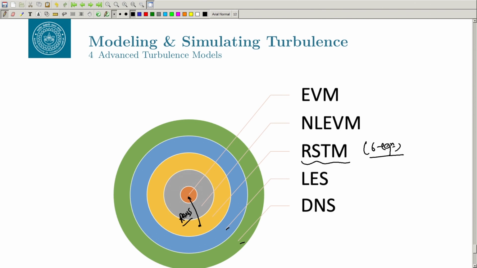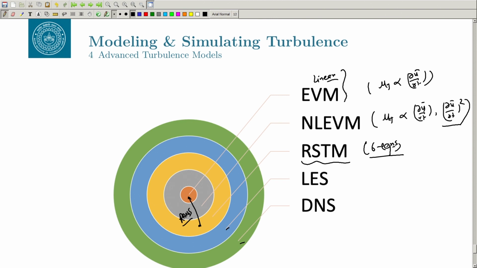And then you have the nonlinear eddy viscosity model, because your mu t is proportional not only to del u by del y, but also del u by del y square and so on and so forth. And the least expensive is basically mu t proportional to del u by del y, which is the linear eddy viscosity model, which we have in this case.